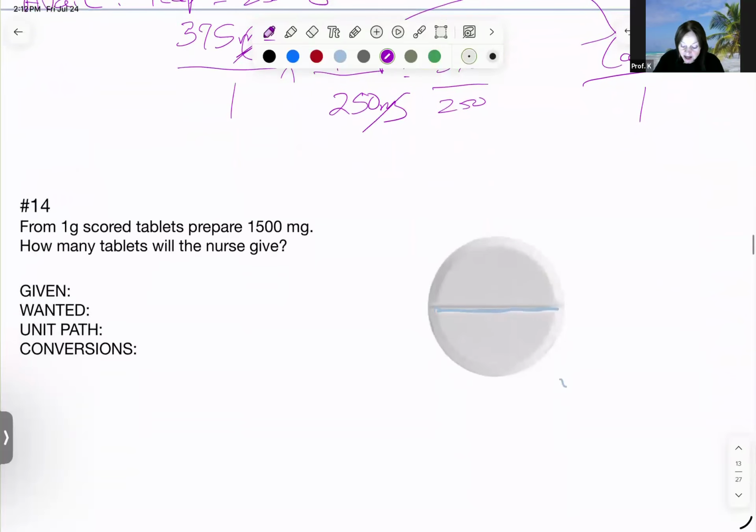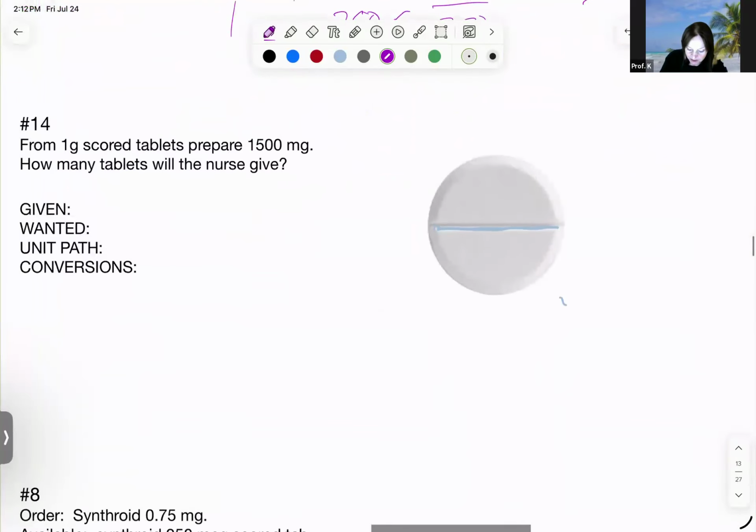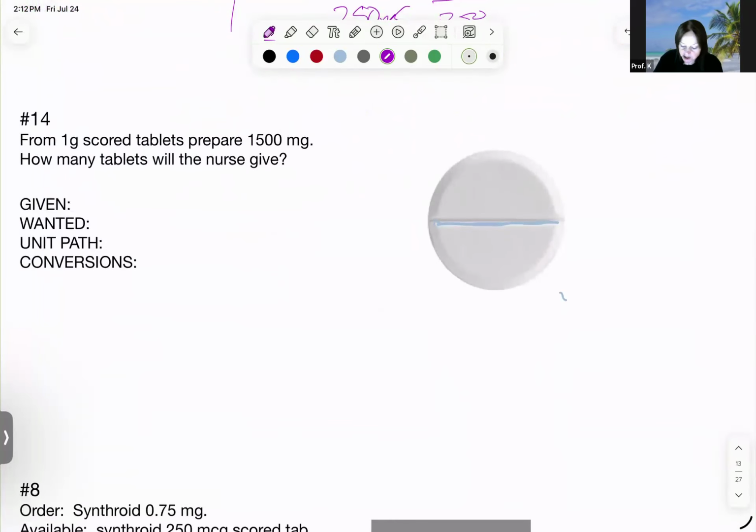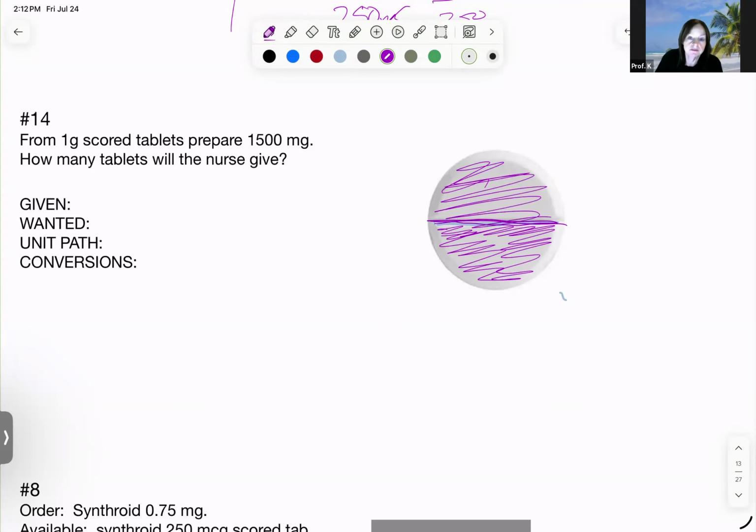All right, now here's an example of a tablet. This tablet is scored in half. It has this little perforation, and all that means is I can break it along that line. So I can give just a half of a tablet, or I can give an entire tablet.